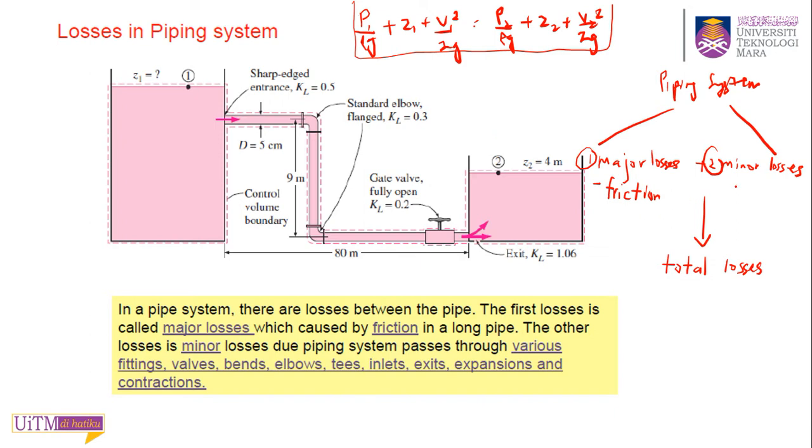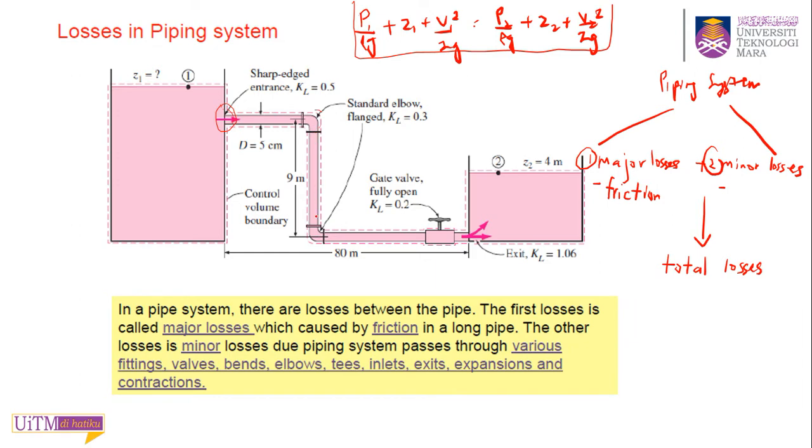And minor losses are due to the fittings or the piping system itself. If you see the diagram, we have a sharp edge entrance from the reservoir to the piping, so we will introduce losses here. And there is an elbow, and this elbow will also introduce losses.